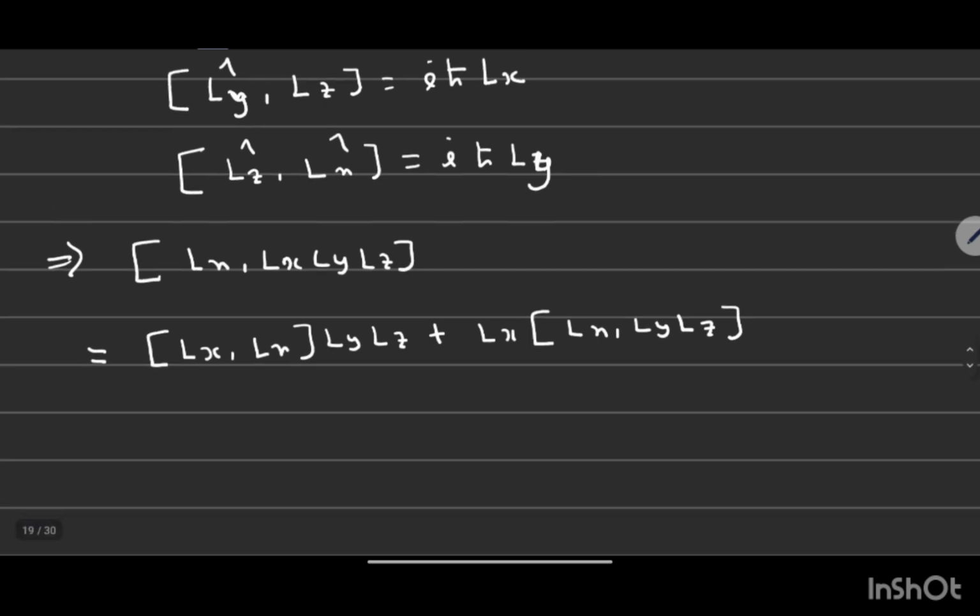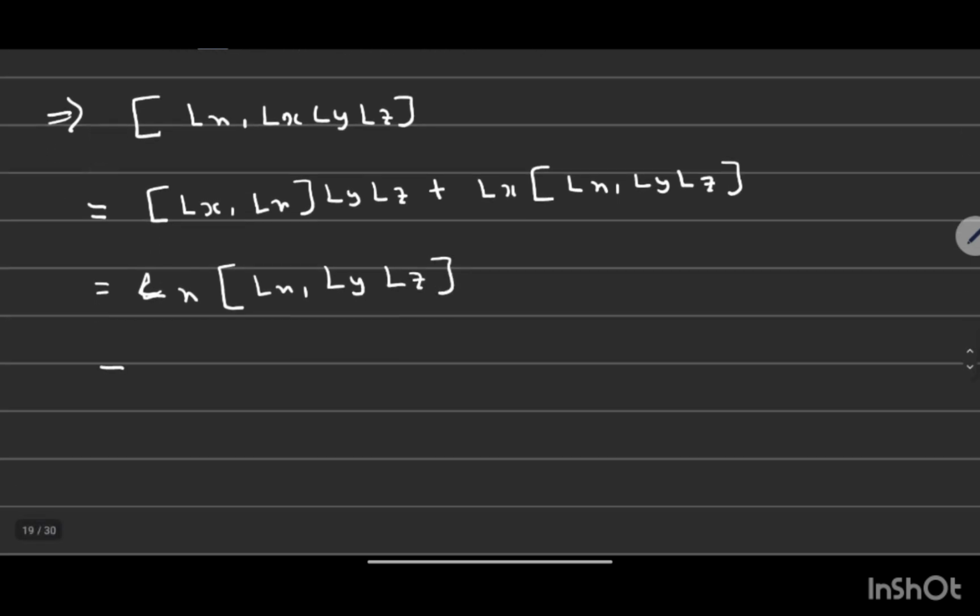The commutator [Lx, Lx], the same operator, commutes, it gives 0. So this term is going to 0. I am going to omit it from now. So [Lx, Ly Lz] can be written as Ly [Lx, Lz] plus [Lx, Ly] Lz.